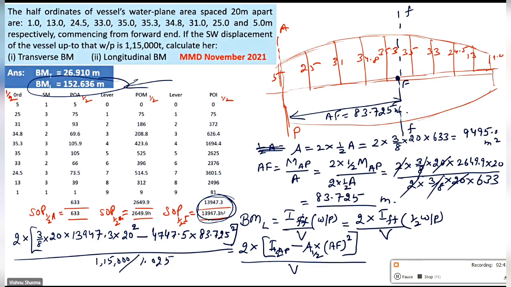Tomorrow also we'll use moment of inertia only. So don't get restless. There are enough questions that we are doing and they should give you enough exposure here. Beta, any doubts on BML calculation of this curvilinear shape? If none, then I'm done for the day.